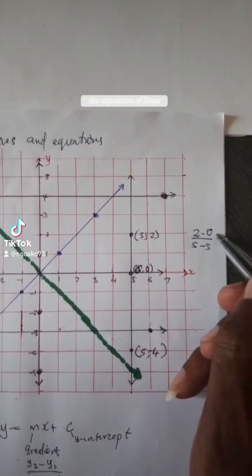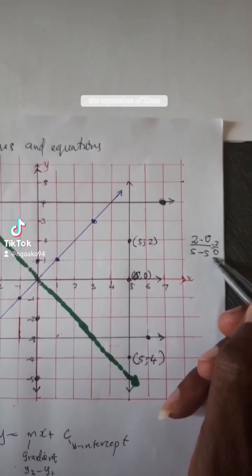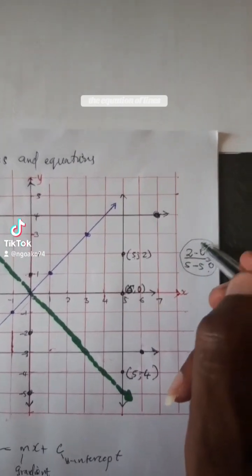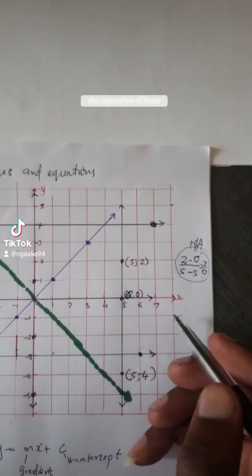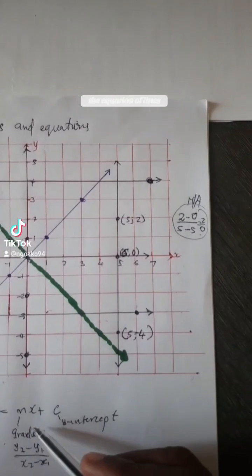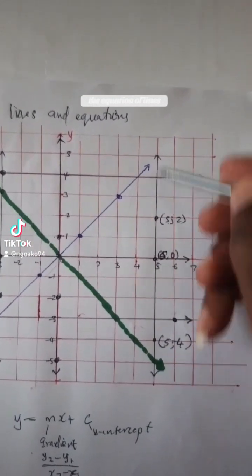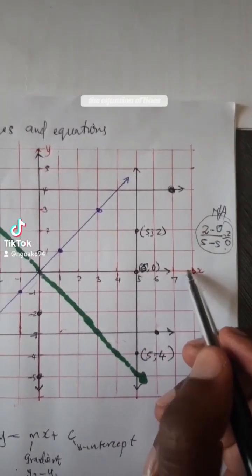So looking at that, it means we have 2 divided by 0. So 2 divided by 0 is undefined, meaning there is no gradient. There is no gradient for this line. So the gradient does not exist, but it takes the value of x.